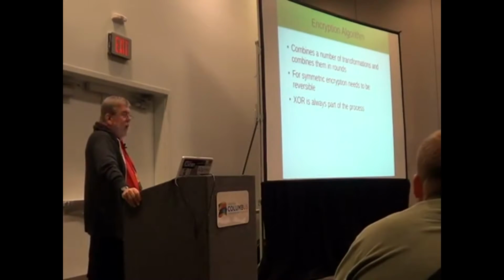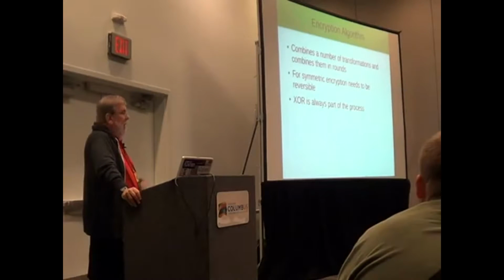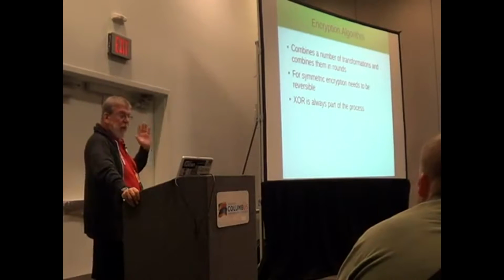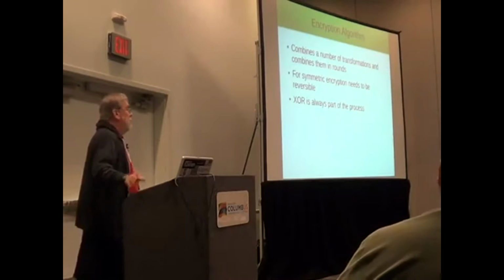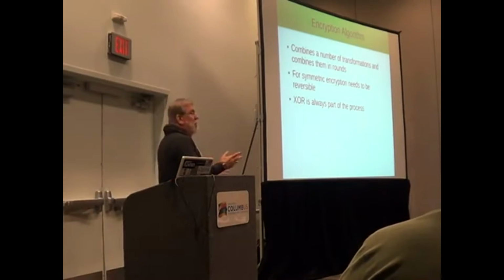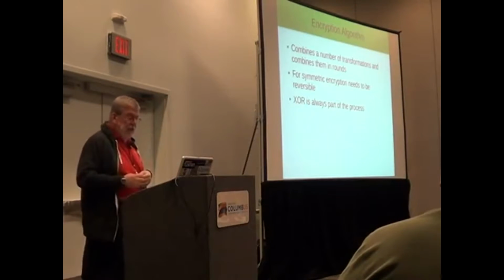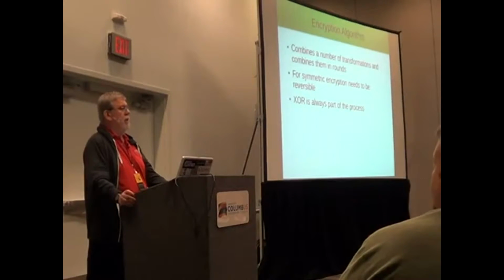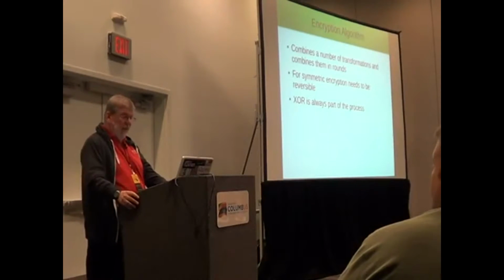So an encryption algorithm is a procedure that can incorporate any number of steps. It has to be something that is combining a number of these operations. And in cryptography, XOR is almost always a major part of all of this.